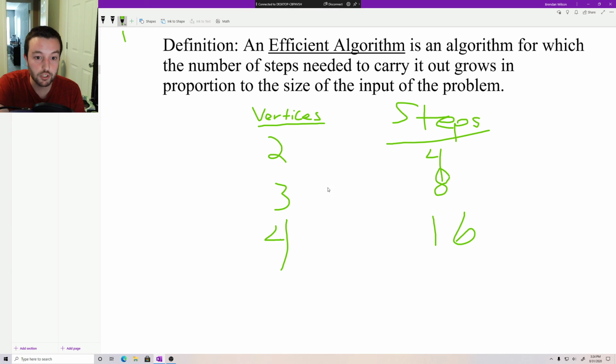It's growing proportionally because here it's doubling every time. Every time the vertices go up by 1, the number of steps doubles.